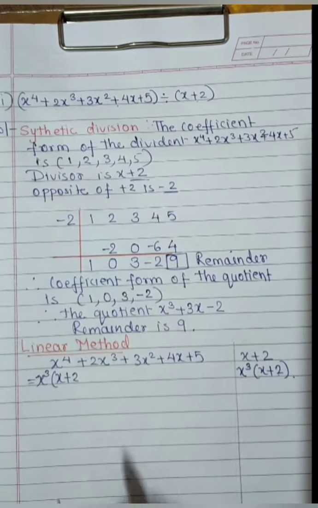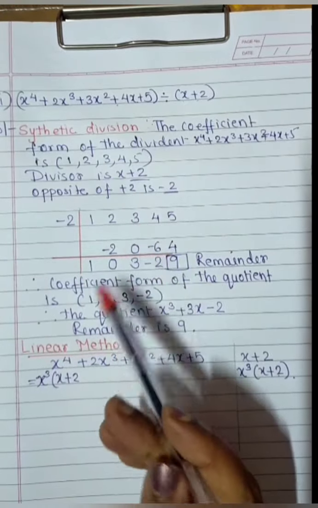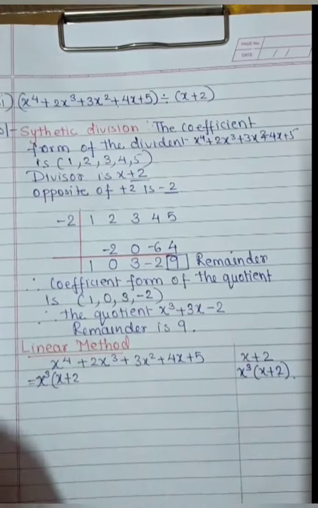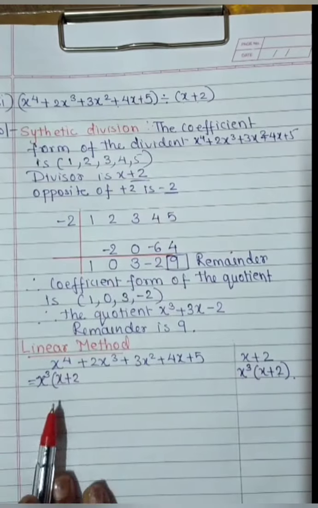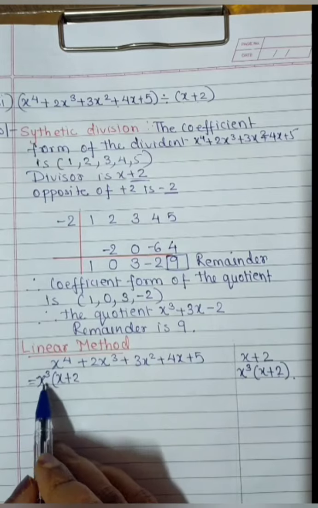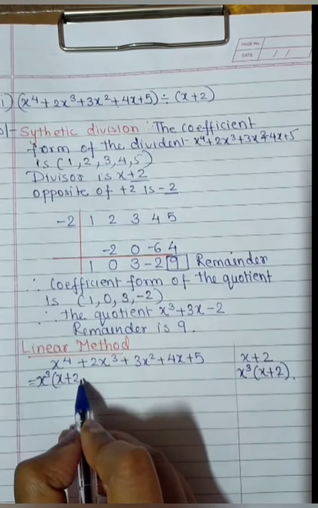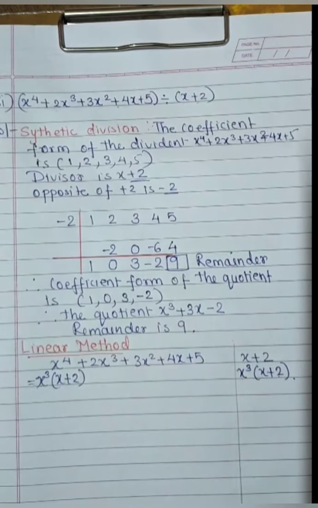As you know, we have already changed the sign in this step, but here we have not changed the sign. Now here x cube in bracket x plus 2 will come, okay.